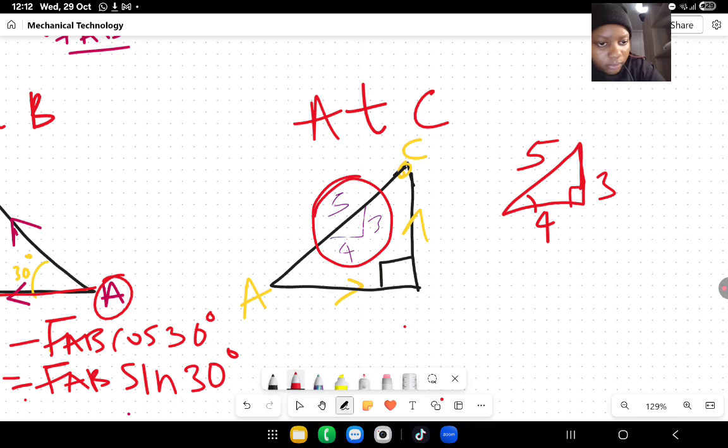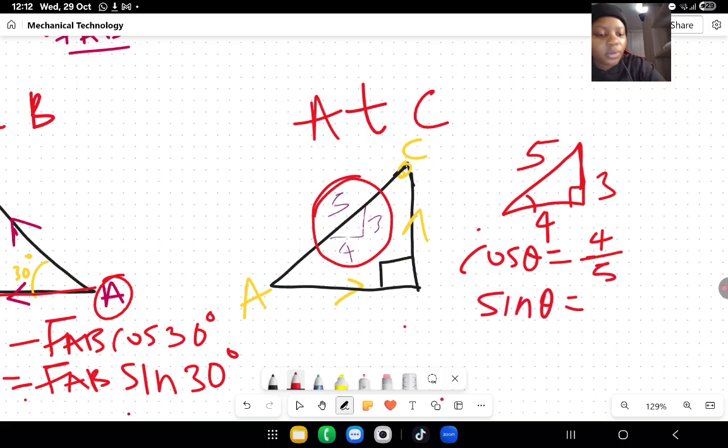So our cos theta equals adjacent, which is 4, over hypotenuse 5. Then our sine theta equals opposite over hypotenuse, 3 over 5.